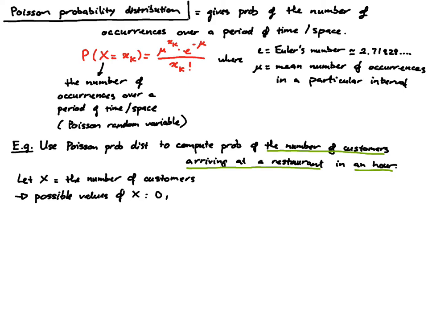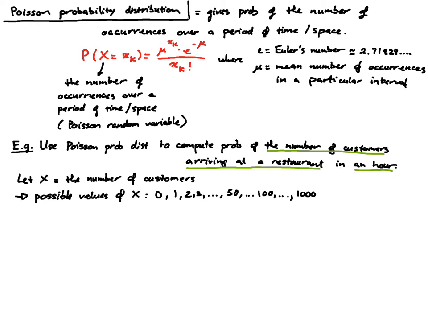You may have one person, 2 people, 3 people, and so on. You may have 50 people, 100 people, even 1,000 people show up in an hour.